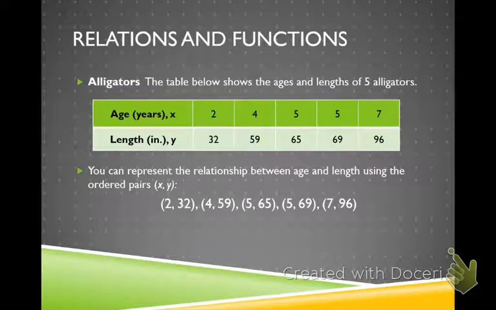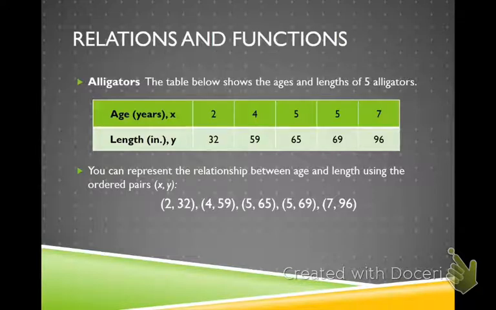While you're copying that down, we're just going to explain what's going on here. Imagine you're at an alligator farm, and this table represents 5 alligators that they have at their farm. Is it possible for more than one alligator to be the same age? Yes, absolutely. They lay eggs, and there can be multiple eggs in one single hatching. So more than one can be the same age.